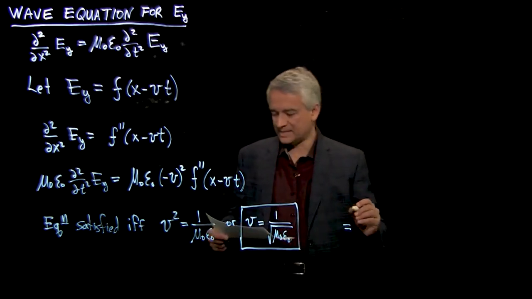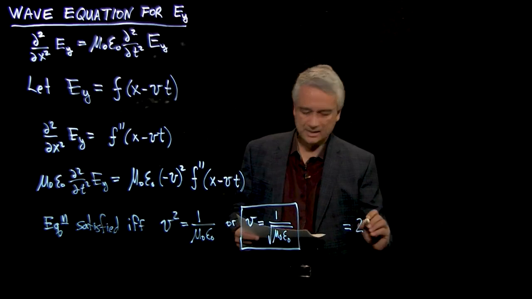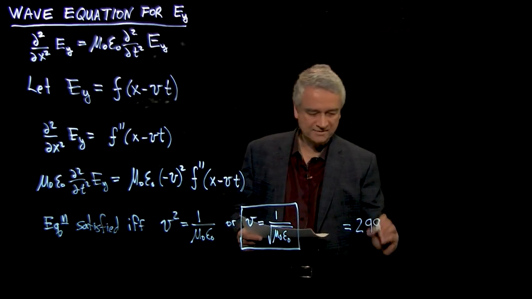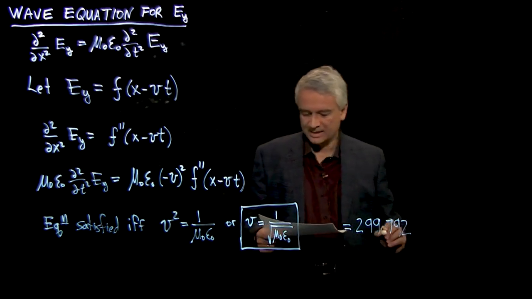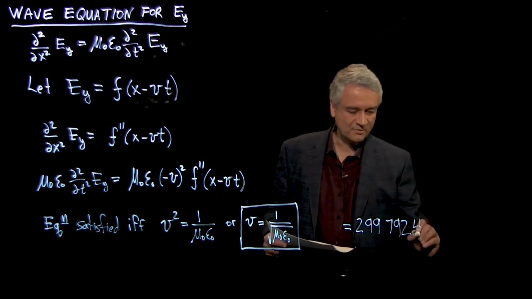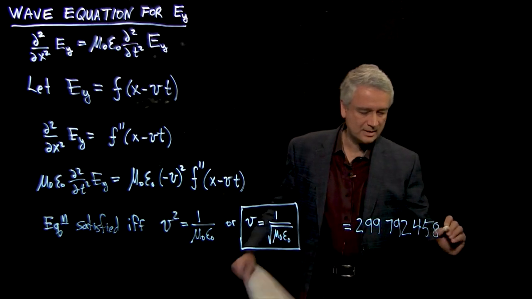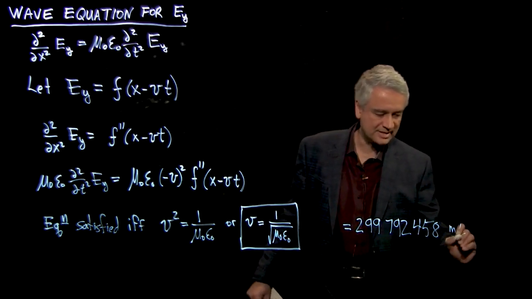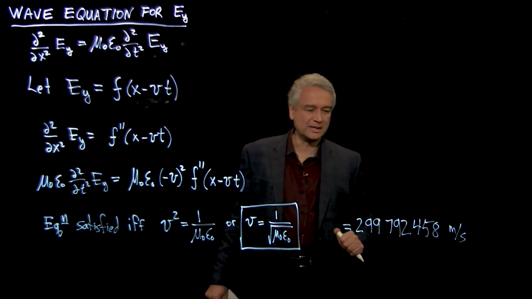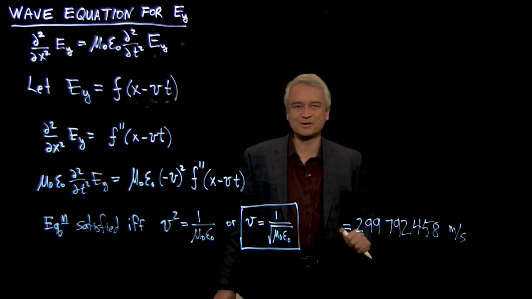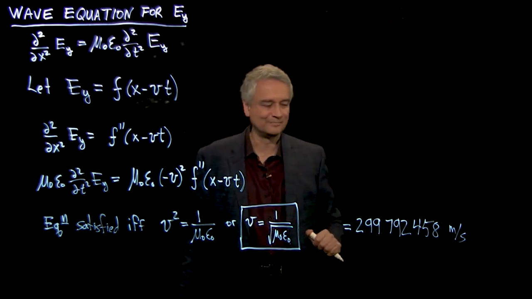Today's value for the speed is 299,792,458 meters per second. So it's about 300 million meters per second. It's about 300,000 kilometers per second.